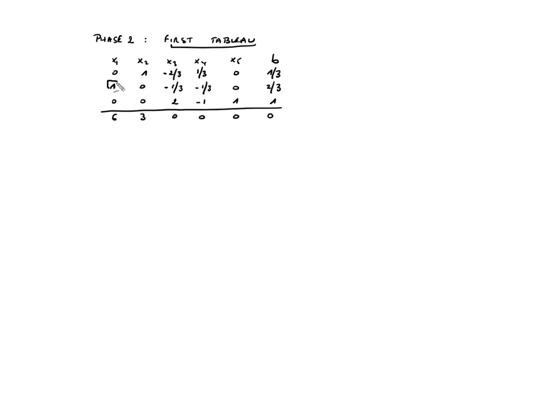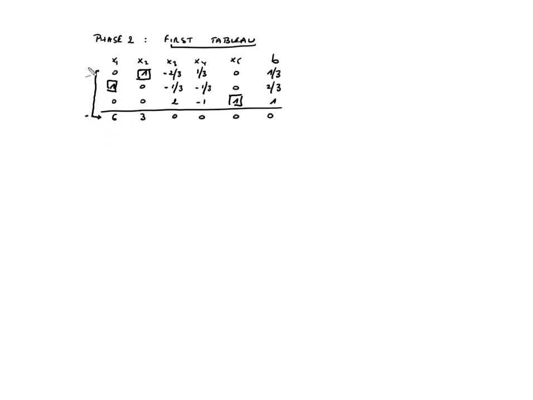I've got a pivot over here, one over here and one over here, but the problem is that this tableau is not in canonical form because we should have zeros below the pivots. So what we'll have to do is do row operations to bring this problem in canonical form.